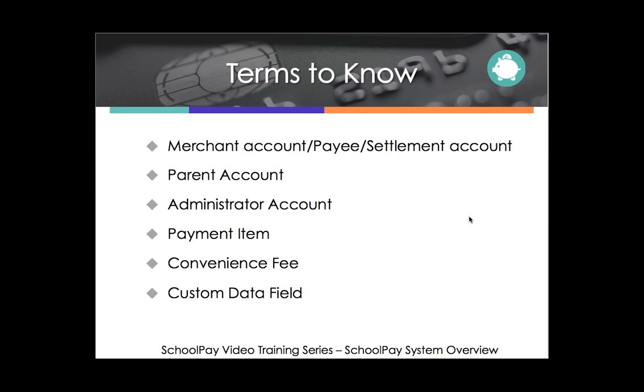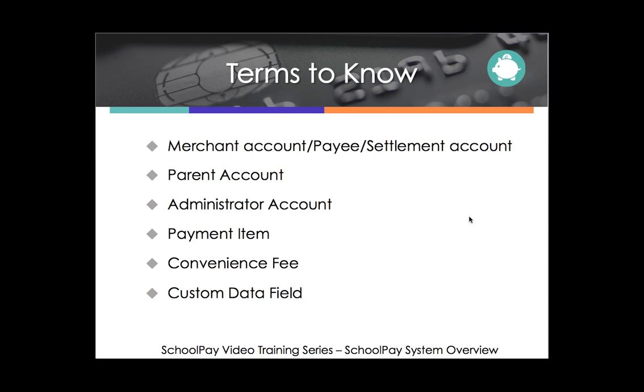Convenience fee. The convenience fee will be determined by the district policies, and if the district doesn't want to assess a convenience fee, it doesn't have to. It is an additional fee that is added on and spelled out clearly to the parent, so that there is an additional amount being added on and paid for by the parent. Typically, this is done to offset the cost of the credit card processing.